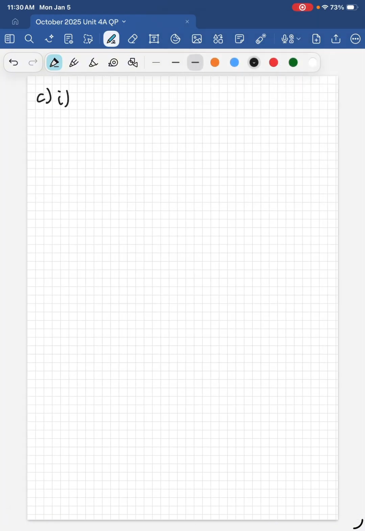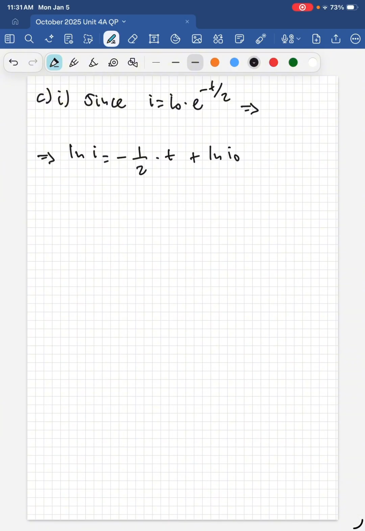Okay. Since I is I naught times e to the minus t over tau, we can take the ln of both sides. Ln of I is equal to minus 1 over tau times t plus ln of I naught, which has the form y equals mx plus c.